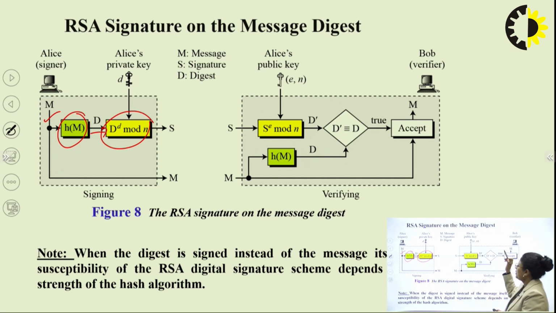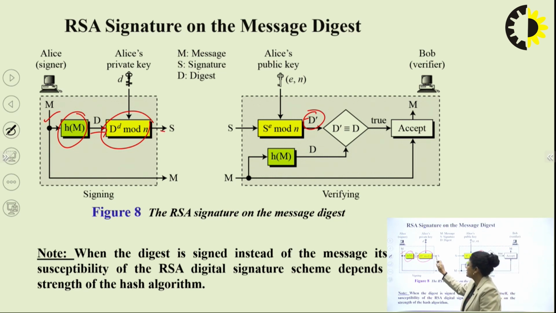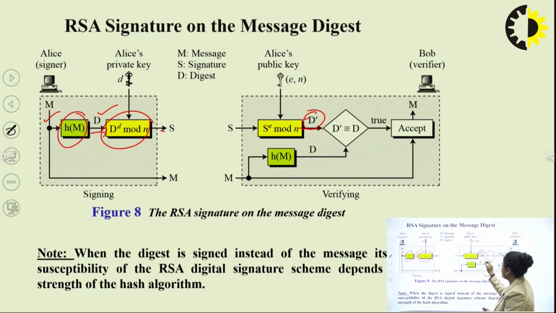Similarly, at the receiving end, the verifying algorithm gives D dash, which is compared to D. If both match, then only we say the message is not tampered and we accept it.